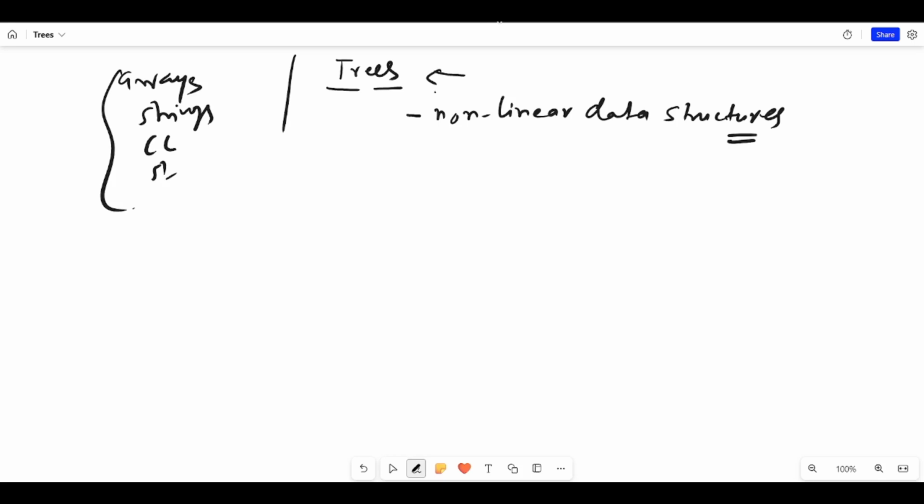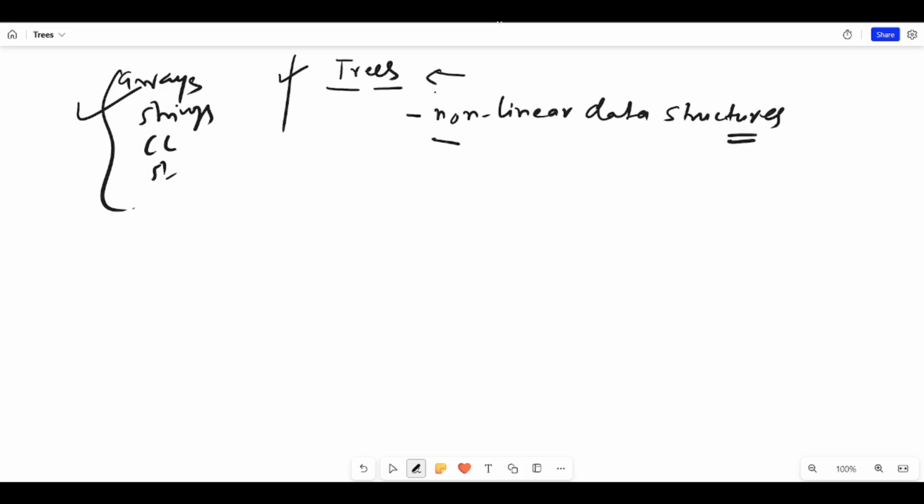These are non-linear data structures. Why are they called linear data structures? Because the data is stored in a linear fashion. While here in this case, the data is not stored in a linear fashion, rather it is stored in a hierarchical way. Fine. So let's understand it with an example.